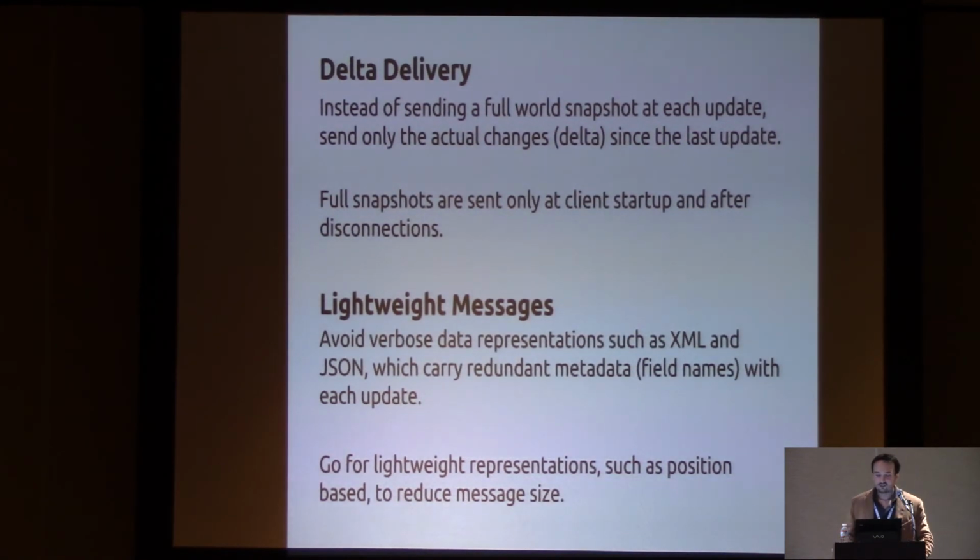So what I submit here is that you should use a position-based protocol. So you must subscribe in advance to the fields you're interested in and only receive the pure payload without the redundant metadata, which is typical of JSON. Of course, especially for high frequency, high bandwidth applications, but games are probably one of the highest bandwidth real-time applications that we know about. So you should take into consideration this kind of optimizations.